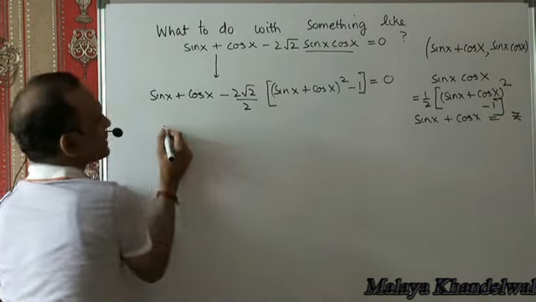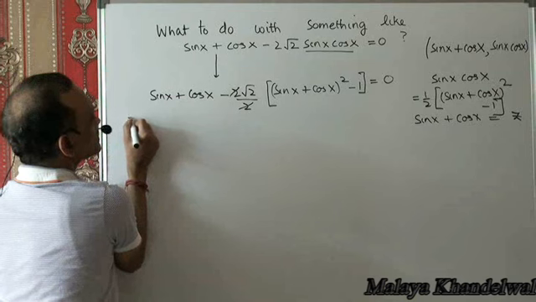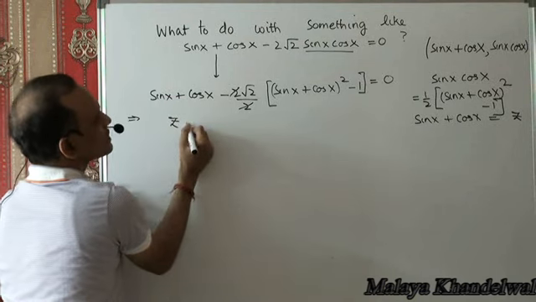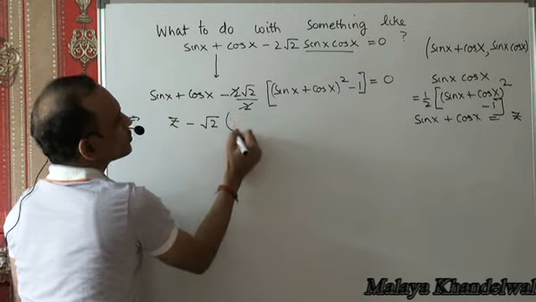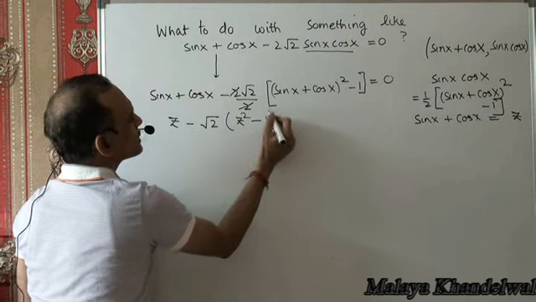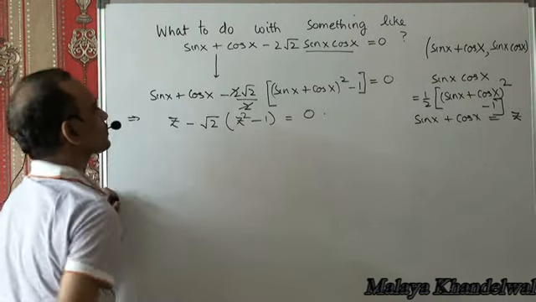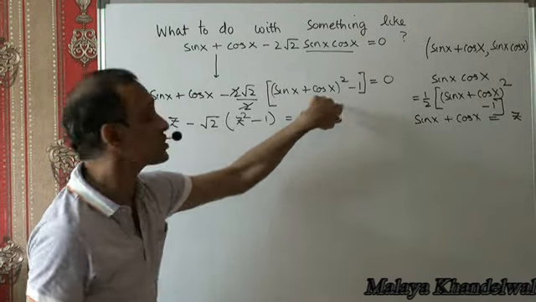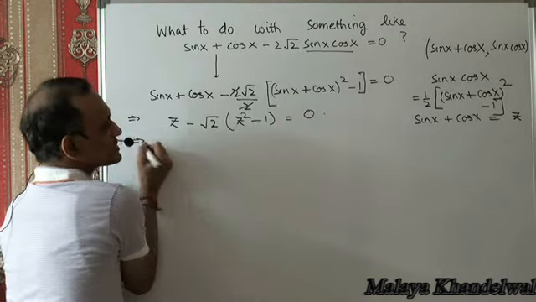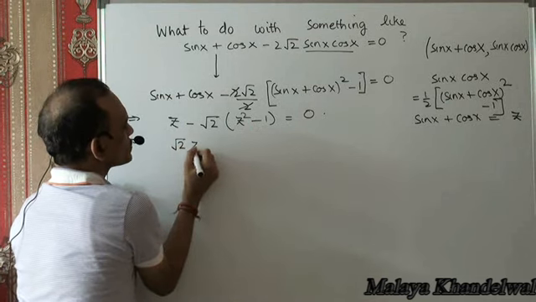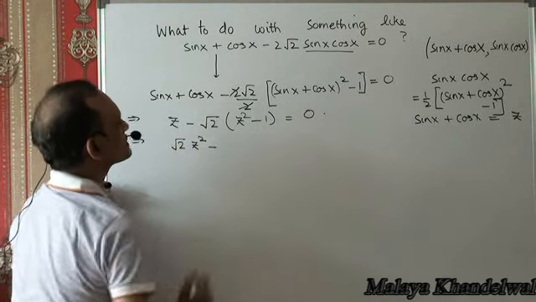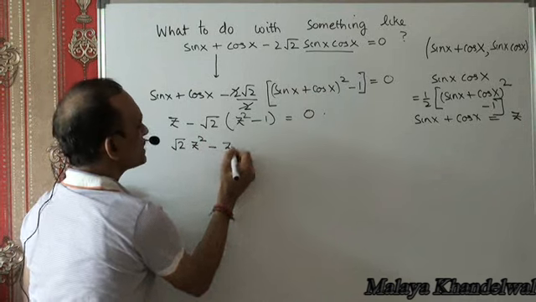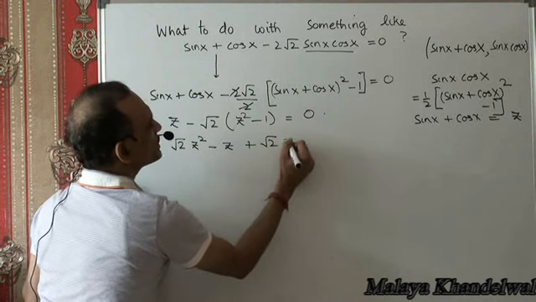This equation is like z minus root 2 (z squared minus 1) equal to 0, where sin x plus cos x is chosen as z. So this is like root 2 z squared minus z plus root 2 equal to 0.